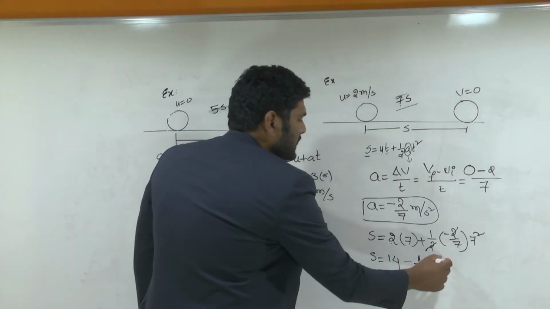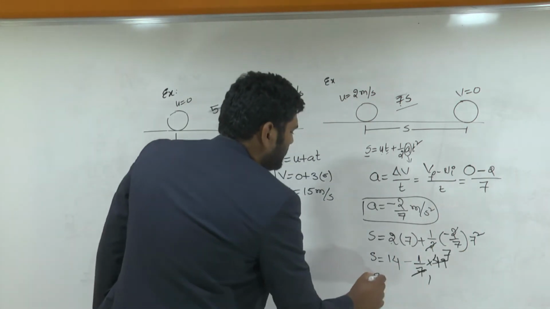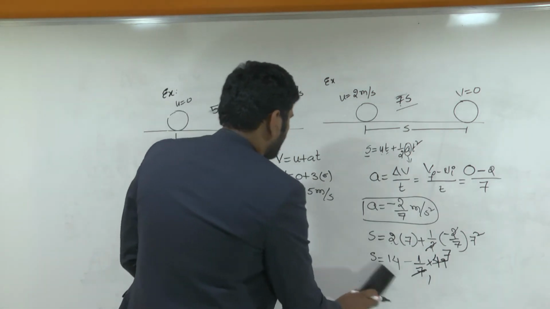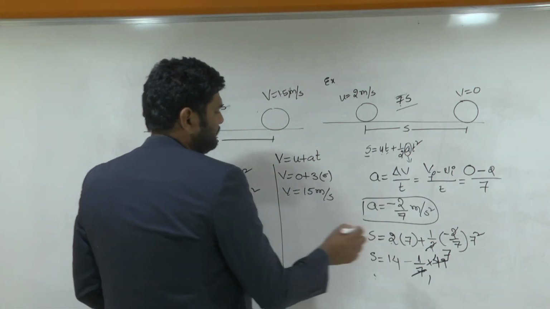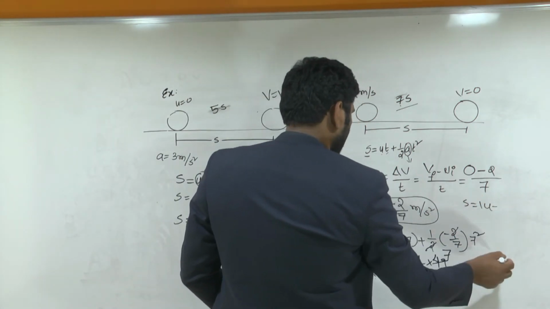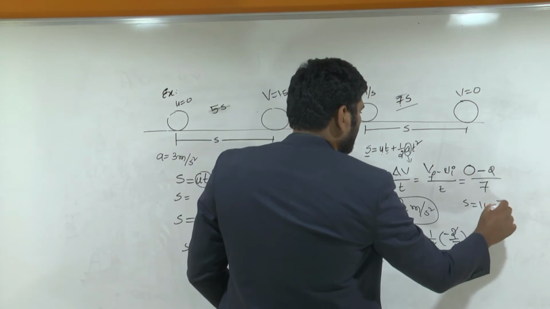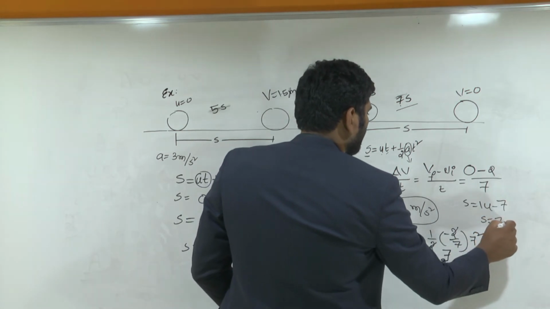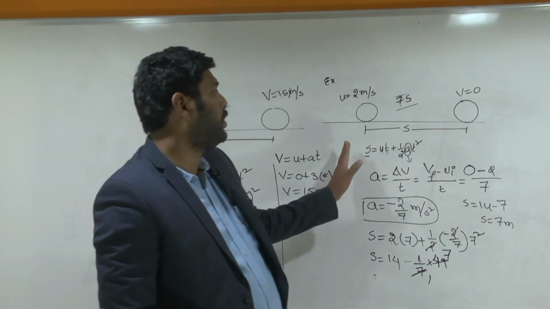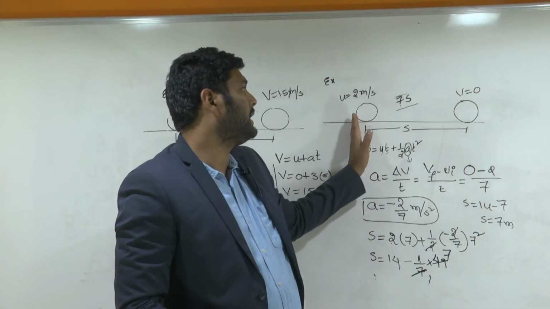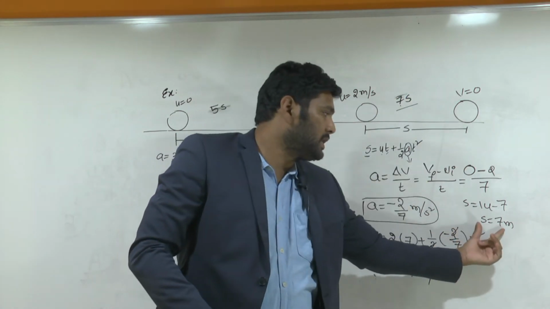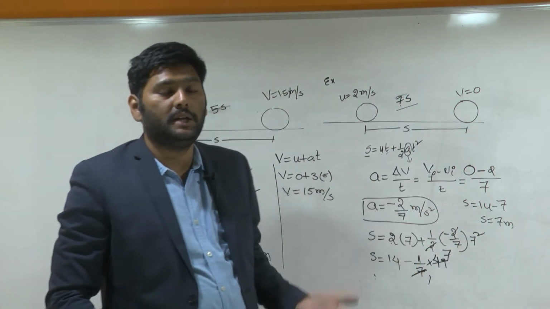So 7 1s are 7, 7 7s are 49. So S is equal to how much? 14 minus 7. Am I right? So S is equal to 7 meters. So the object is displaced how much distance when it reaches rest position? It covered 7 meters distance.